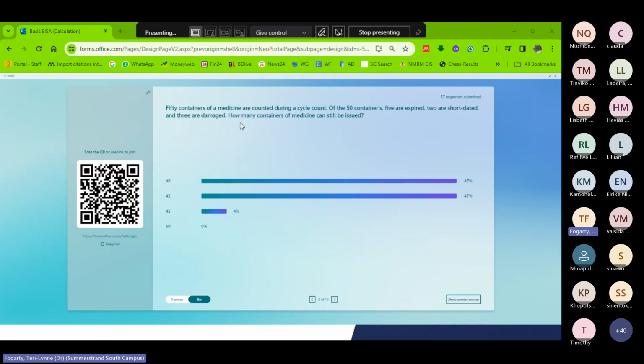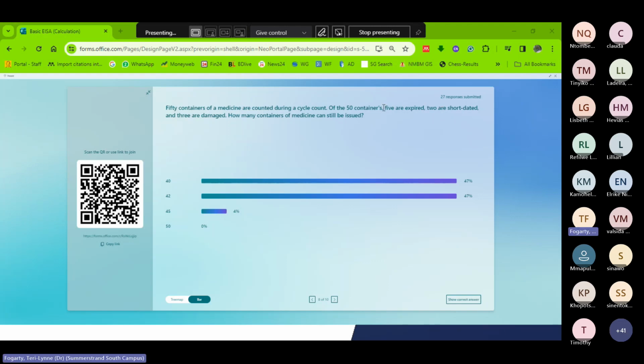Okay, now short-dated stock doesn't mean that it's expired, provided you don't dispense it within the month that it is dated. You can still dispense it. And the question is asking how many containers of medicine can still be issued. Okay, so in the immediate future, in the immediate now, I can still issue these 2 short-dated.